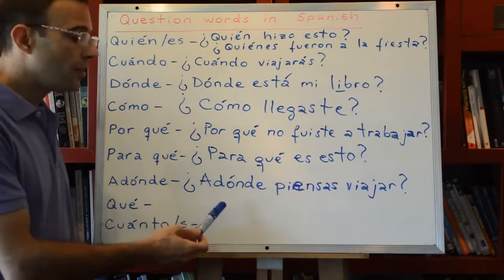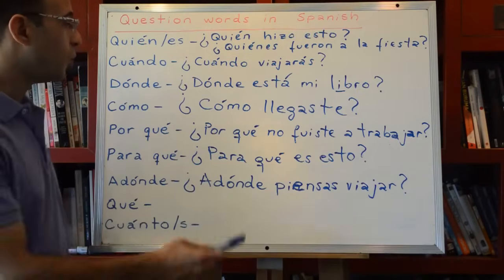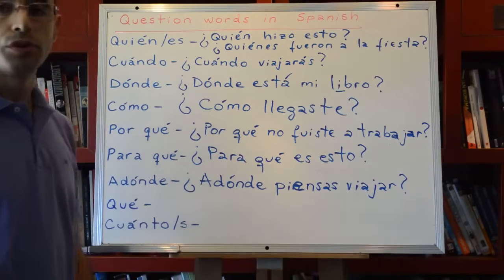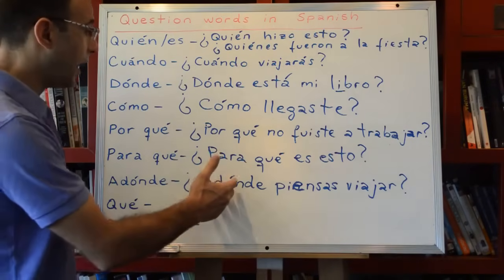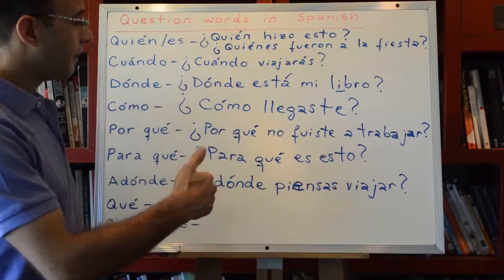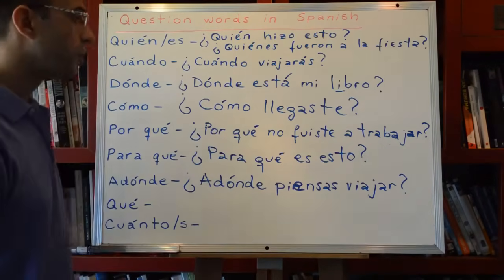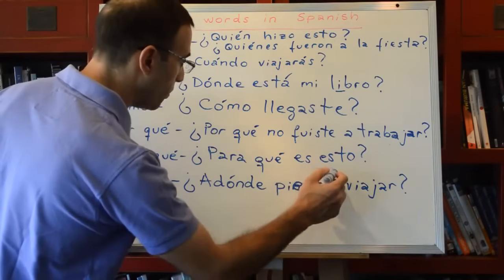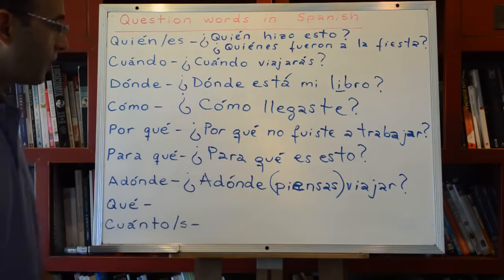So, ¿a dónde is where to, or to where, right? So, where are you planning to travel to? Okay? We can also simply ask, ¿a dónde viajarás? Where are you going to travel to? Actually, we can omit this and the sentence is still okay.